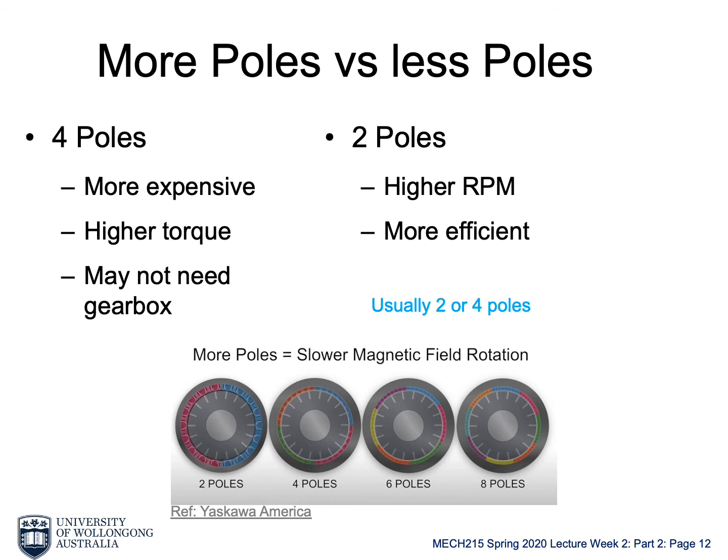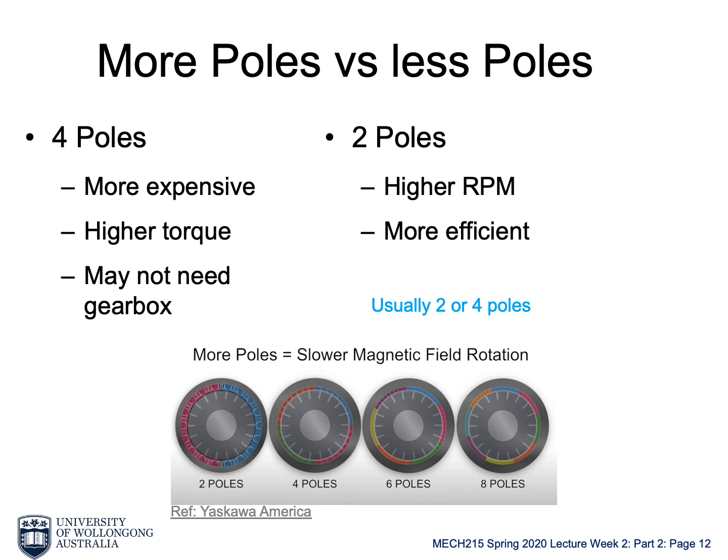From the last page, the formula, we already know that if we have more poles, we'll have a slower speed, because the speed has the poles in the denominator. And because it's slower speed, with the same size, it will actually have a larger torque.